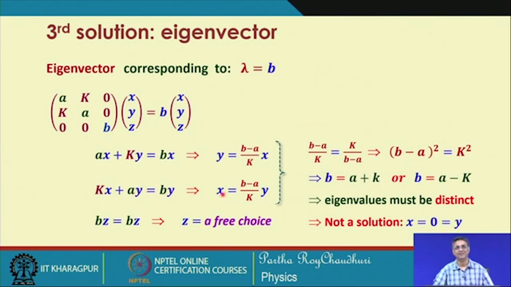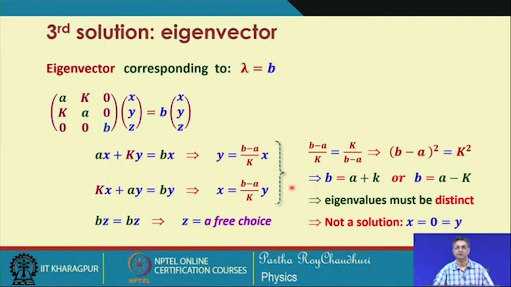This means x is equal to (b minus a) by k into y, which will give you this equation: (b minus a) by k equal to k by (b minus a). So, that gives you (b minus a) square equal to k square.